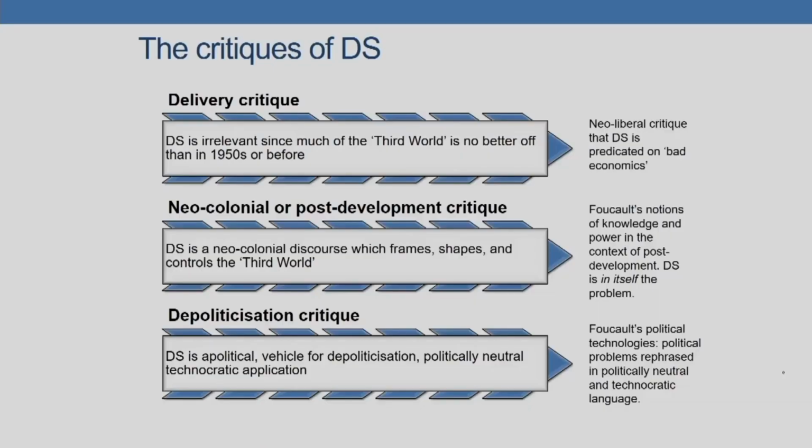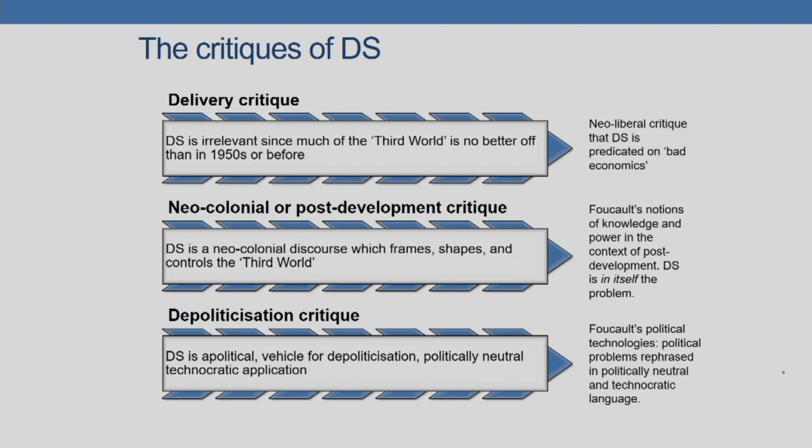The second critique is what is referred to as the neo-colonial or post-colonial, post-development critique. This is based upon a neo-colonial discourse which frames, shapes and controls the third world, it is said. And this mostly relates to Michel Foucault's notions of knowledge and power in the context of post-development.